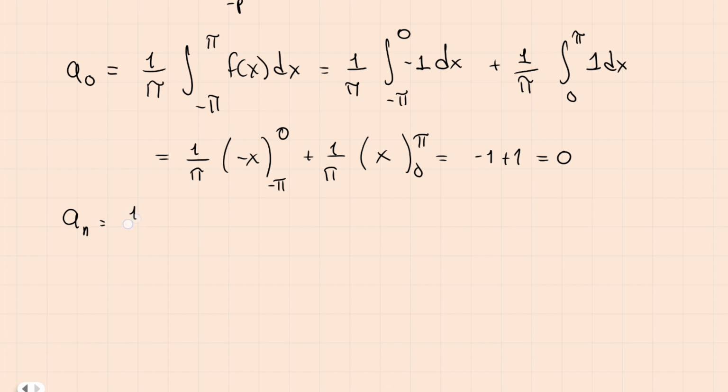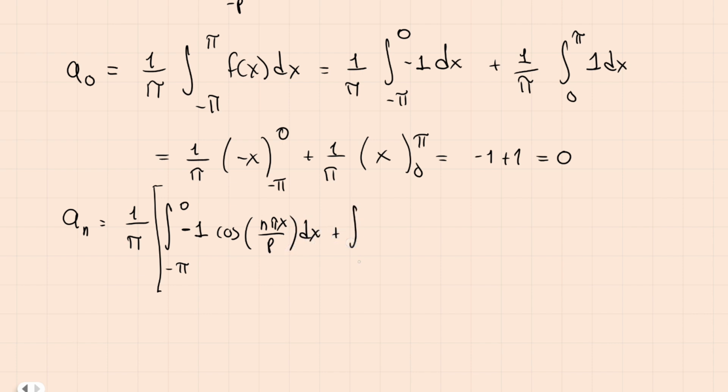So that is going to be 1 over pi times the integral from negative pi to pi, or let me split this from the beginning. This will be from negative pi to 0 of -1 times cosine of n pi x over p dx, plus the integral from 0 to pi of 1 times cosine of n pi x over p dx.